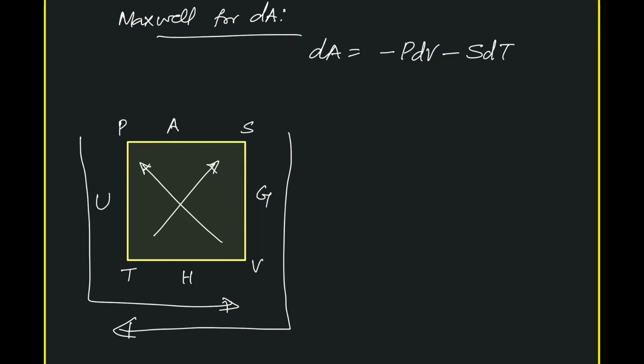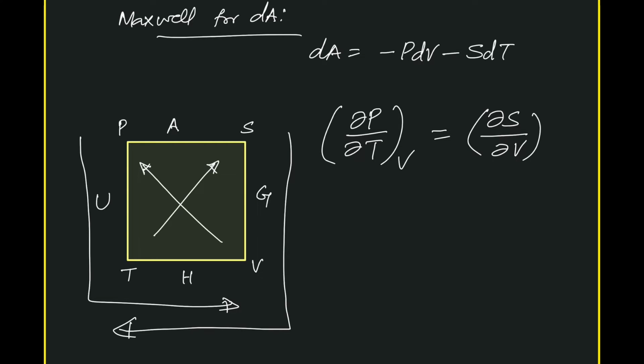And now let us write how to get the Maxwell relation corresponding to A. For that, dou P by dou T at V equals dou S by dou V at T. See, dou P by dou T at V, starting from this, in this line, dou P by dou T at V equals dou S by dou V at T. Dou P by dou T is on one side and dou S by dou V is on the other side.